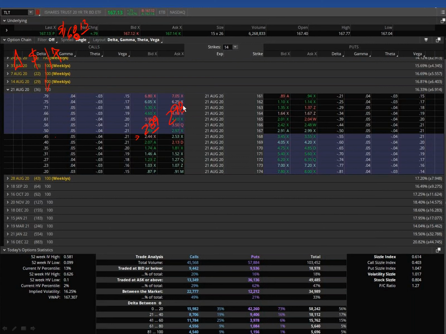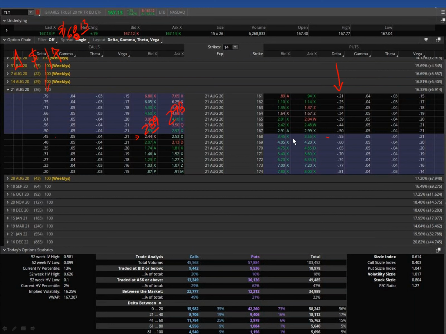On the other side, we've got the puts. You can see the puts, though, are all negatives, right? Because it's assumed $1 higher. If those puts get further out of the money, they lose value, right? So we know that. These puts that are just out of the money, let's stick with the 168s, would move down by 55 cents for that underlying.